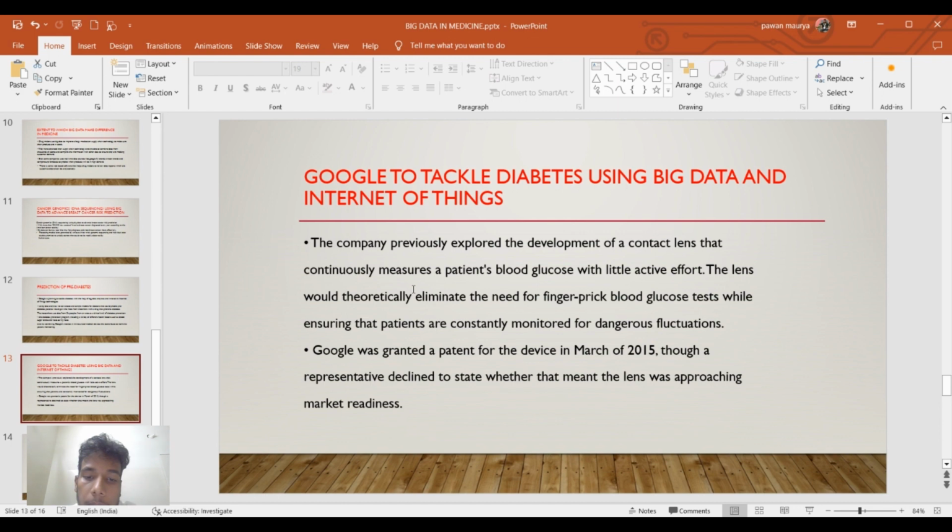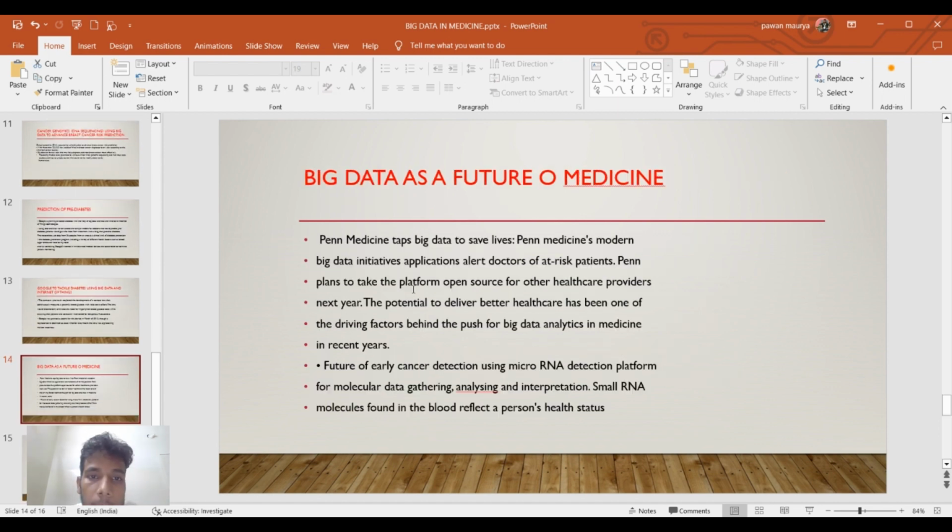Google was granted a patent for the device in March of 2015, though a representative declined to state whether that meant the lens was approaching market readiness.